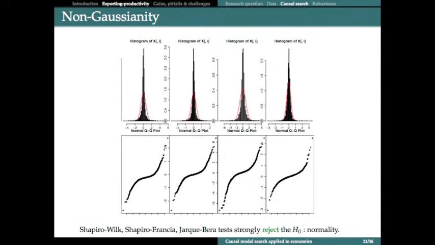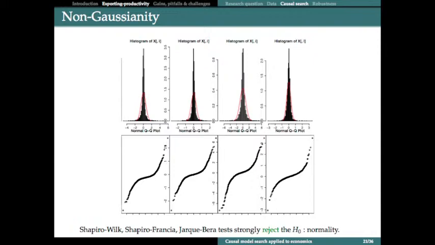We have kind of fat tails. Also from the QQ plots, we see that the data are not Gaussian, and if we don't believe this graph, we can run the typical tests of Gaussianity, which strongly reject the null hypothesis of normality.